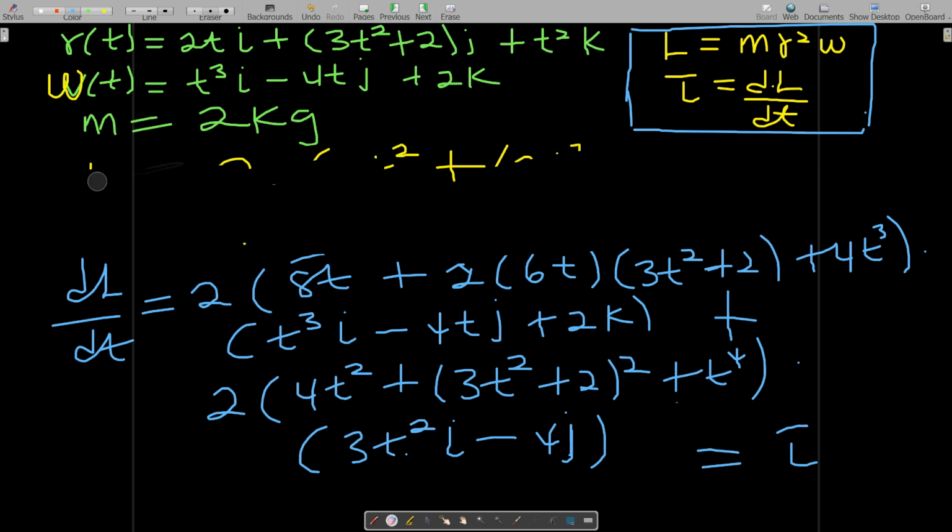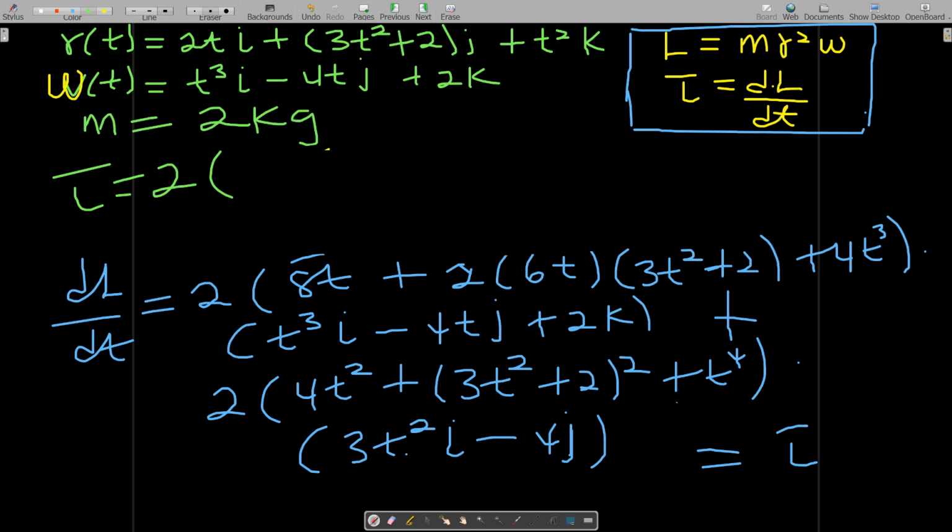Now our torque will be equal to, putting everything back, 2 into, I have to put time t equals 1 second in all of these expressions, okay?